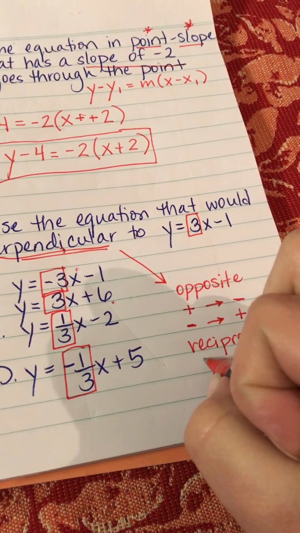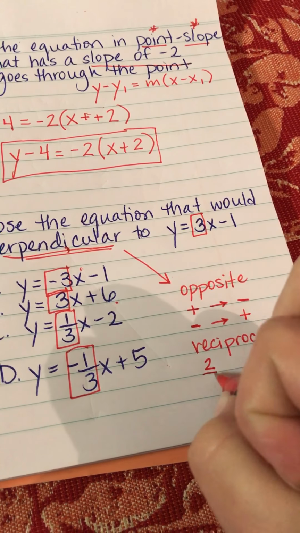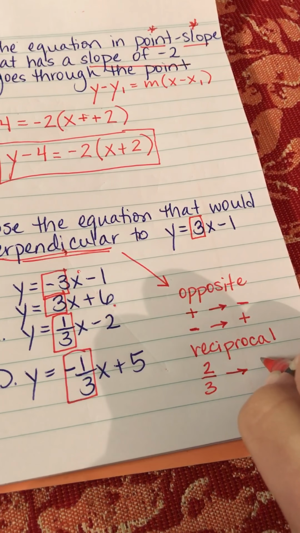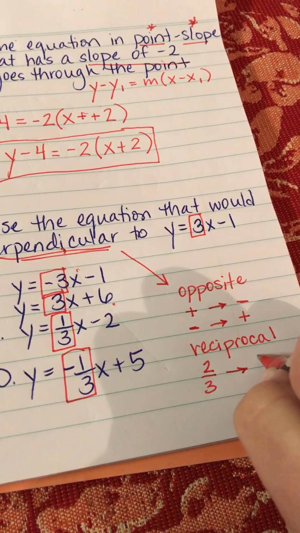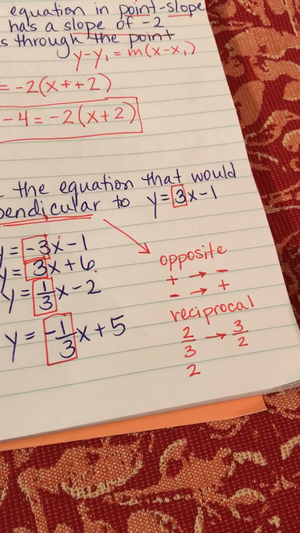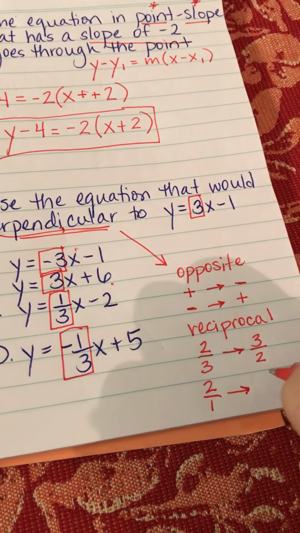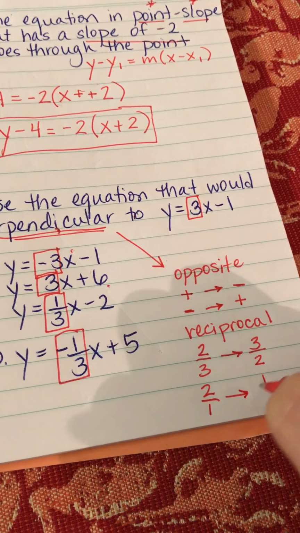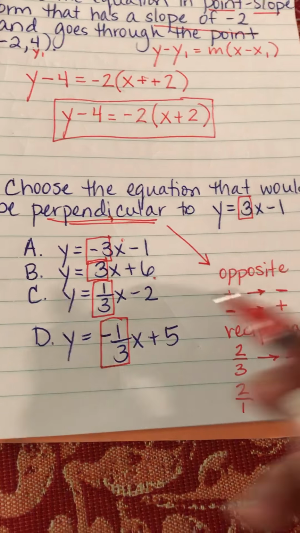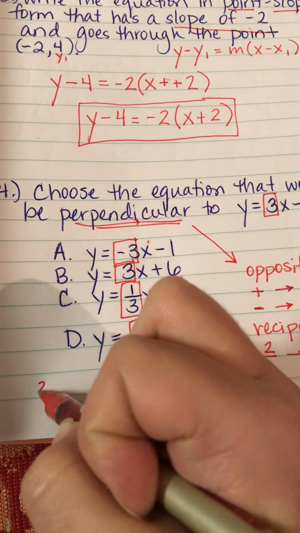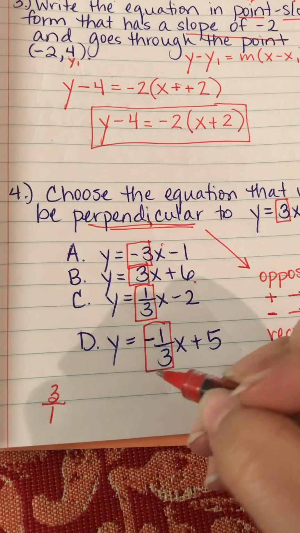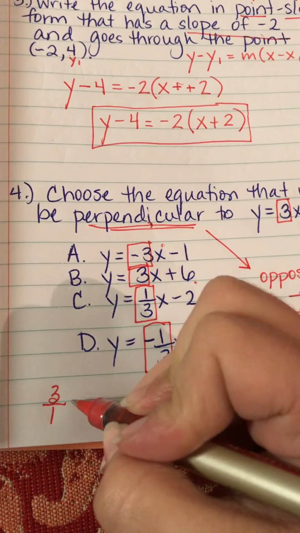So for example, if it's 2/3, the reciprocal would be 3/2. If it's a positive 2, remember that's the same thing as 2/1, so the reciprocal would be 1/2. Okay, so this one is a positive 3. That means the reciprocal, because 3 is the same as 3/1, would be 1/3.